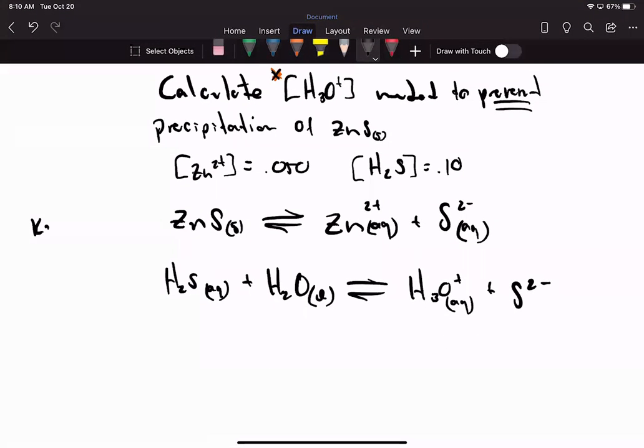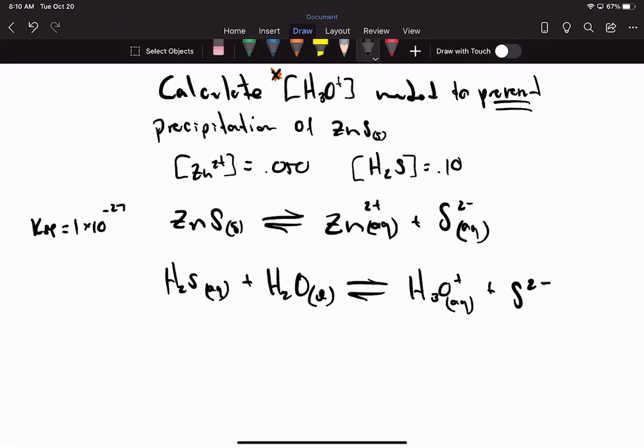All right, so KSP for zinc sulfide is going to be 1 times 10 to the minus 27. And let's see.